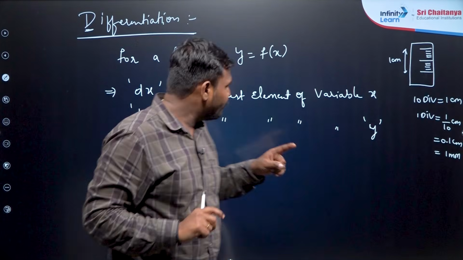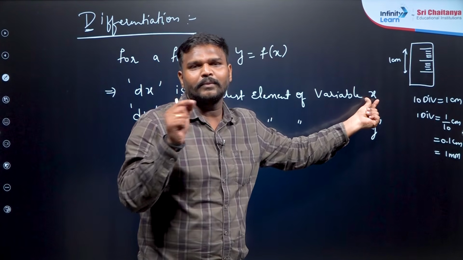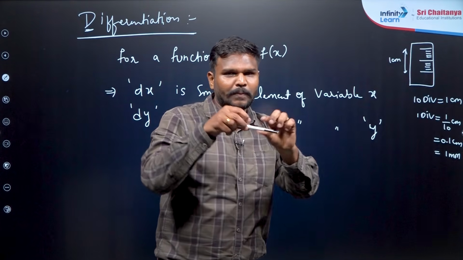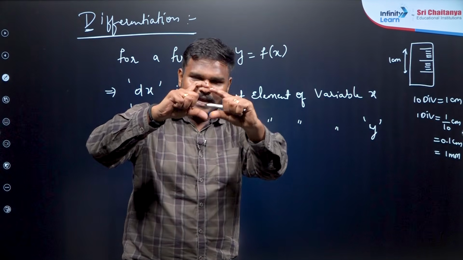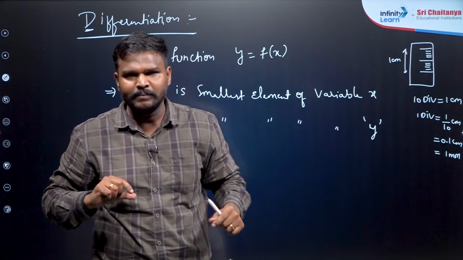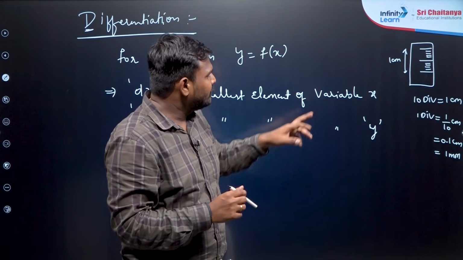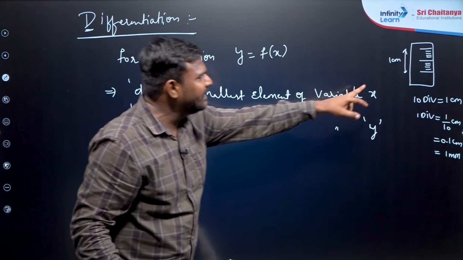Like that, if length is your variable, you are talking about a physical quantity called length. The length of a pen can be 10 centimeters, or another small pencil 8 centimeters, or another pencil 6 centimeters. So length is a variable, let us say. Then the smallest element of this measurement is dx.